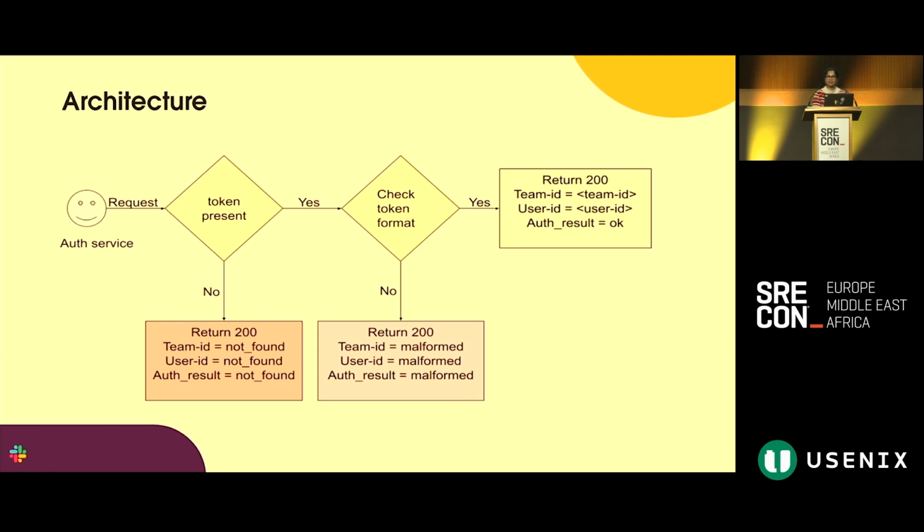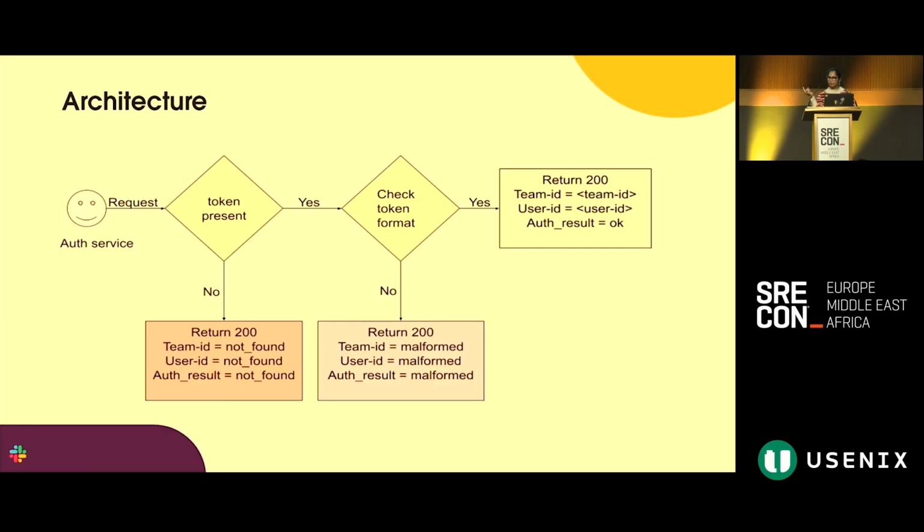This is a very, very simplified version of how a request flows within the auth service. The first step, when it gets the request, is to look for a token in an API request. If it finds one, the next step is to check whether the token is in the valid format that we expect it to be in.